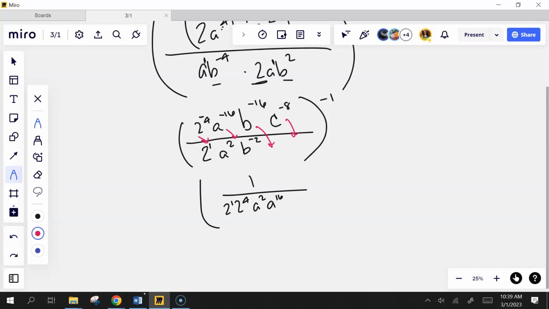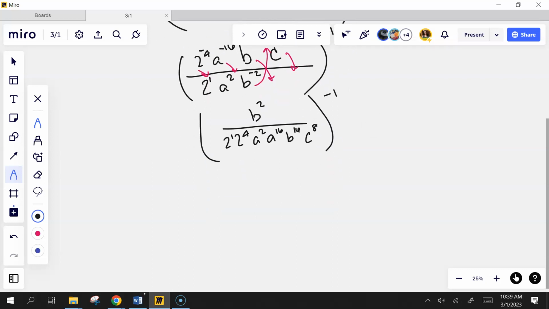This one comes up. B to the 2nd, B to the 16th, and then C to the 8th. So B to the 2nd over 2, A to the 18th, B to the 16th, C to the 8th.